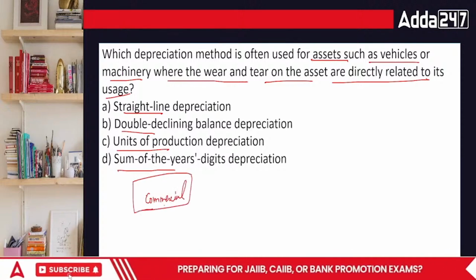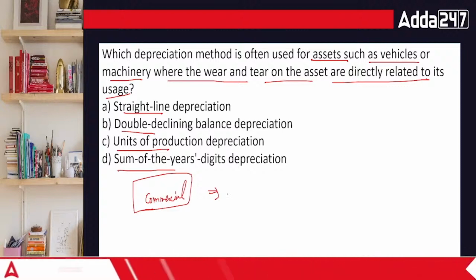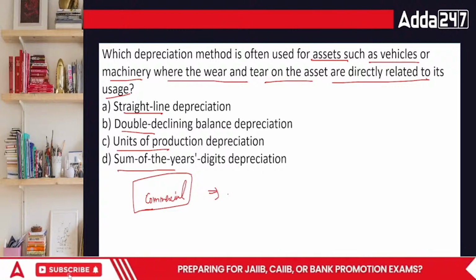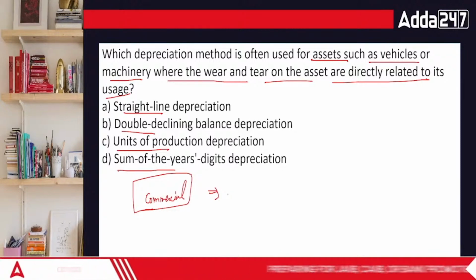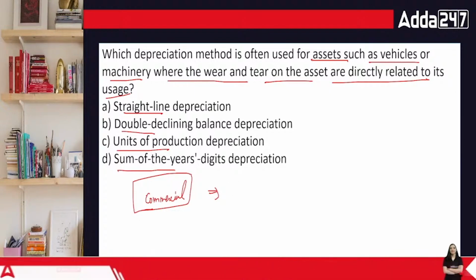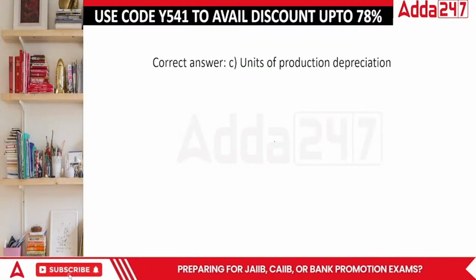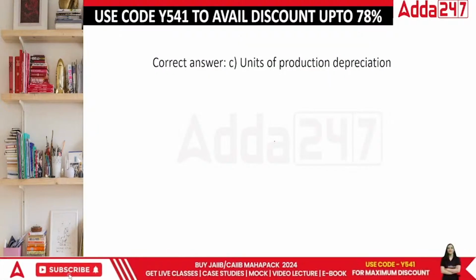So commercial would simply mean it was going to be used in a rough, tough and rugged manner. So the depreciation will be more in that case, right? And lesser in the other case. So in this case, what's happening? This is called the units of production method. This is based upon how much we are actually using it.